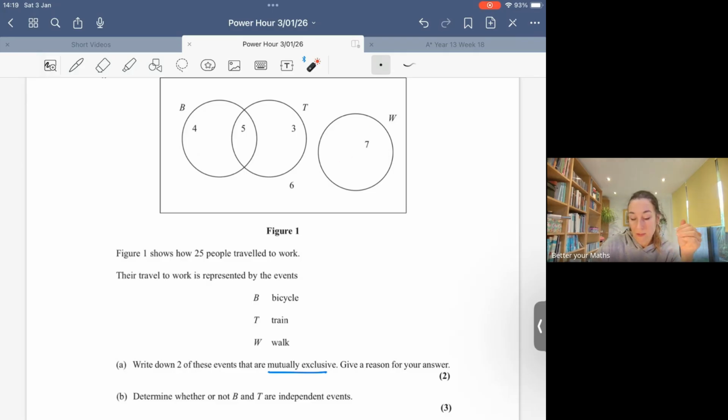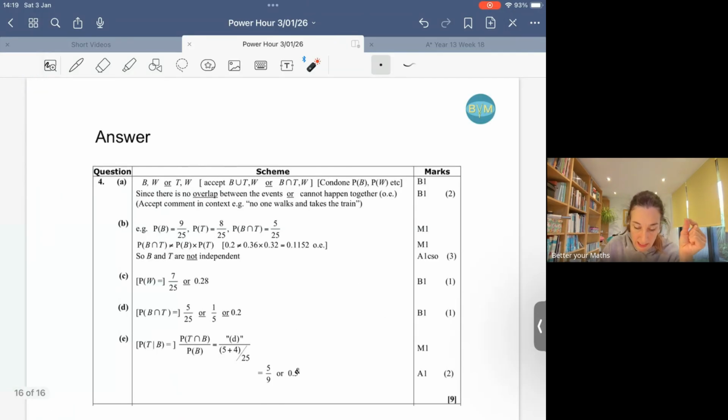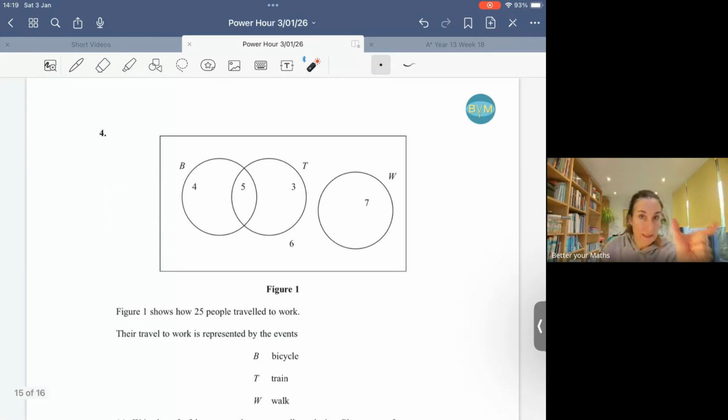There are no people that go on the train and walking. So that's mutually exclusive. The probability of the intersection is 0. That's your justification, your reason. Let me show you what they say. They say there is no overlap between the events, or they cannot happen together, or the probability of the intersection will be 0. You can write it. Is it clear for everyone?